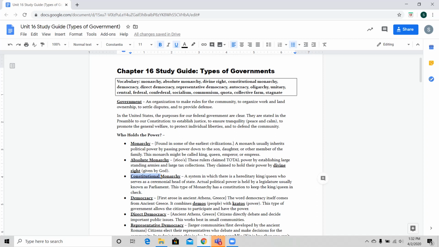She's ceremonial. They still have that central figurehead, but they don't own the majority of the power. Their role is very limited. The majority of the power belongs to the parliament.